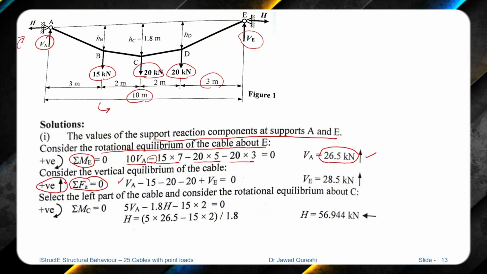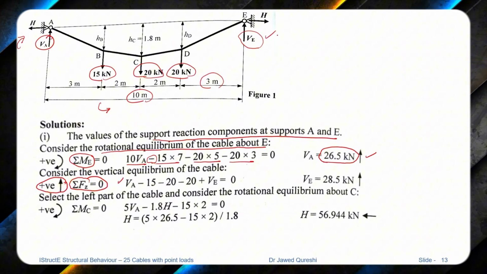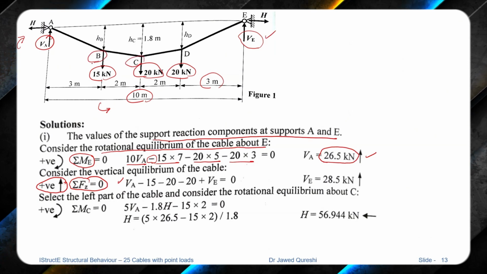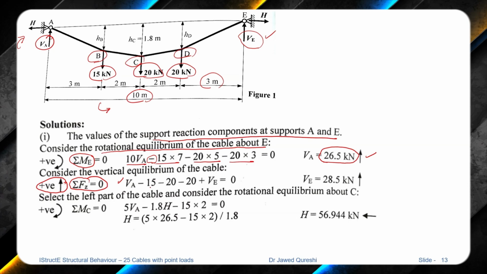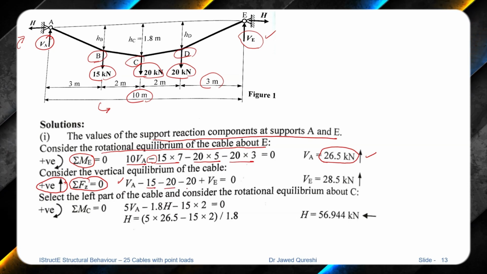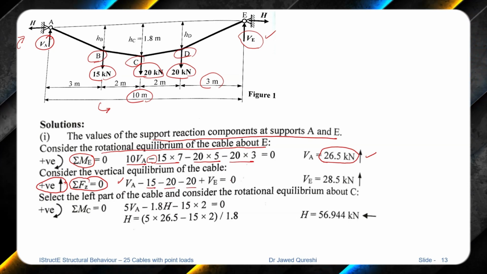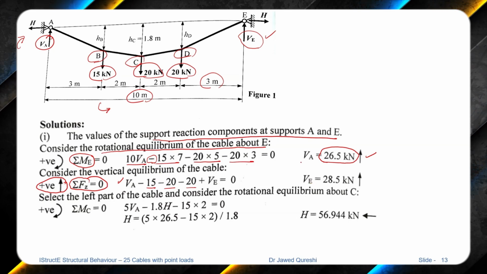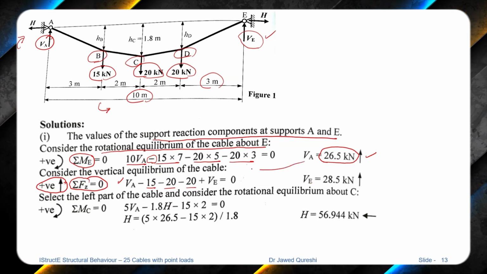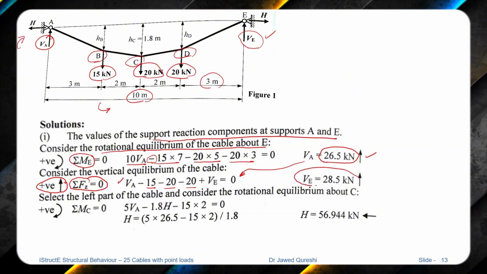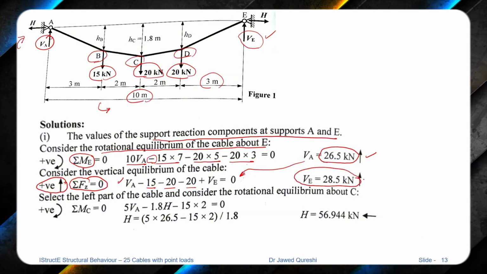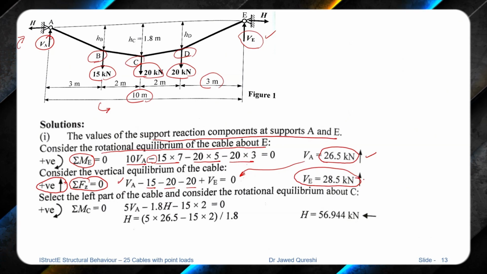So we have VA and VE, which are upward forces, and at B, C, D we have vertical forces that are downwards. So that's why these are negative. If we sum it up and put the value of VA into this equation, we get the value of VE, the vertical reaction, pointing upwards.